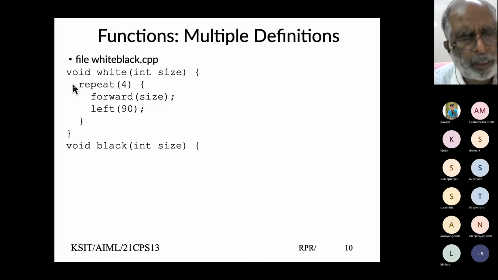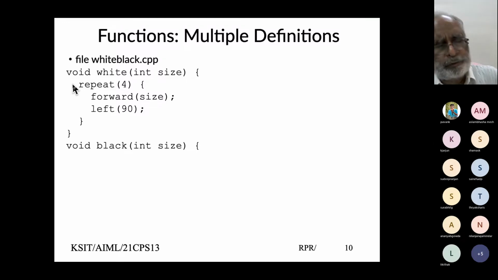When I gave the polygon code earlier, you can look at it. The same thing applies here. Using only forward, left, right, only those things you need to draw, nothing else.